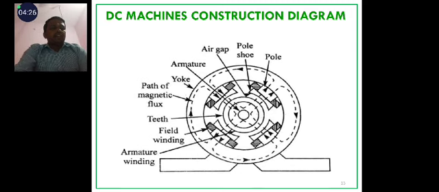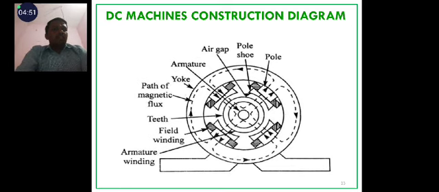Each segment is connected to the ends of the armature coils. The commutator is placed over the shaft and rotates with the armature. EMF induced in the armature is AC. The commutator is made from wedge-shaped hard-drawn copper segments.